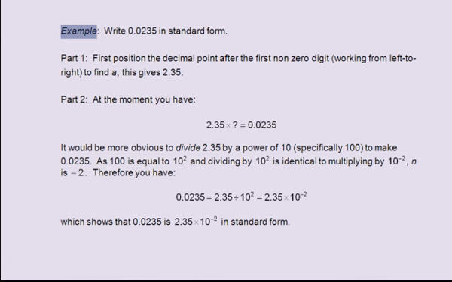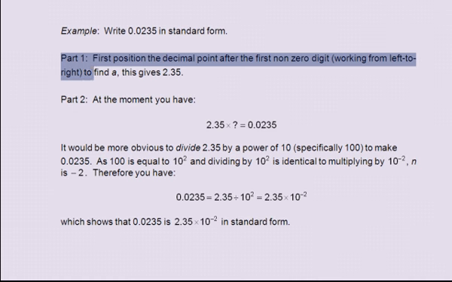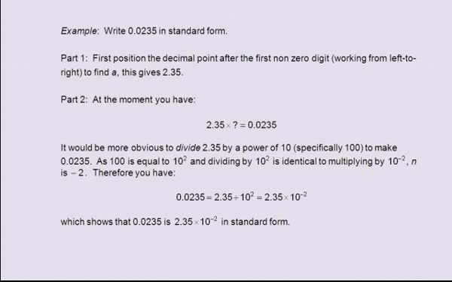Let's look at another example. Write 0.0235 in standard form. Part 1. First position the decimal point after the first non-zero digit, working from left to right, to find a. This gives 2.35. Part 2. At the moment you have 2.35 multiplied by some power of 10 equals 0.0235.